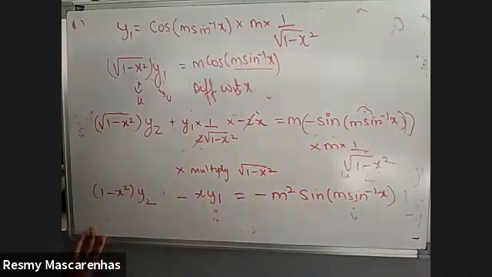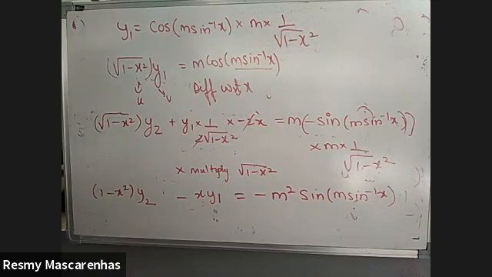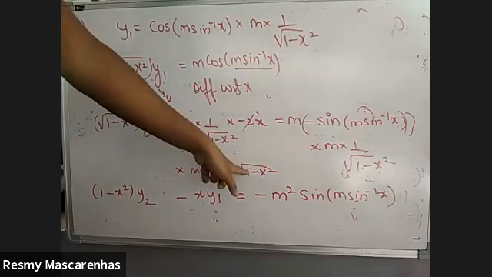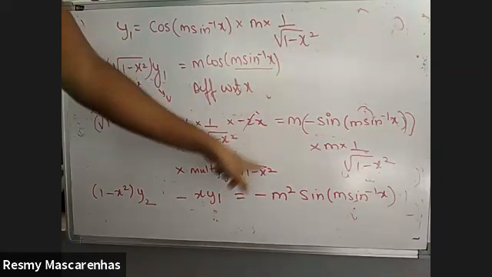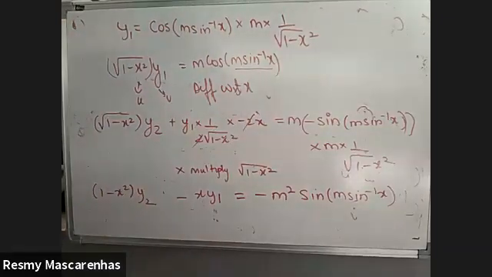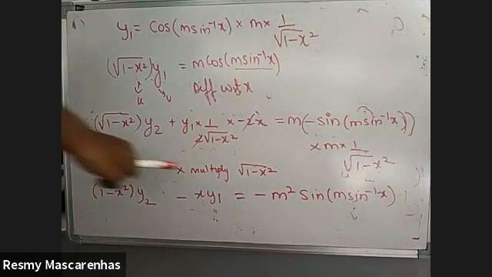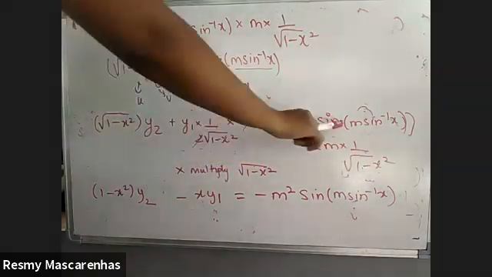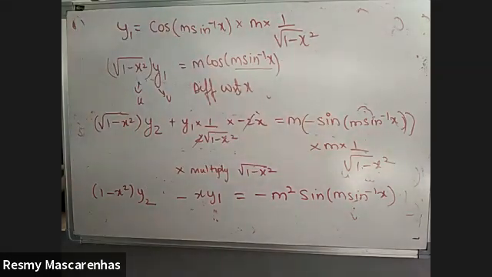So this is what we will get after multiplying all the terms by root of 1 minus x square. Here it will cancel, here also it will cancel. Whenever I say multiply, it means I'm multiplying all the terms on both sides.